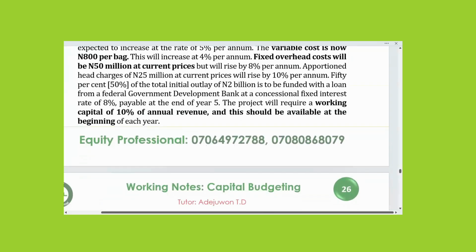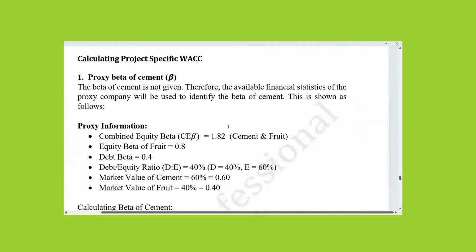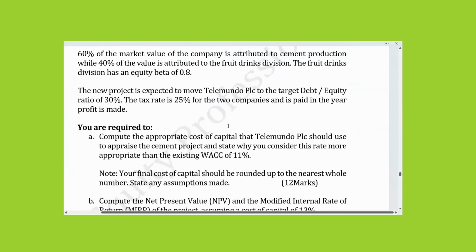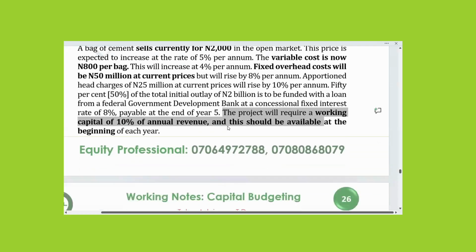You are told that the project will require a working capital of 10% of annual revenue, and this should be available at the beginning of each year. We have calculated revenue before.